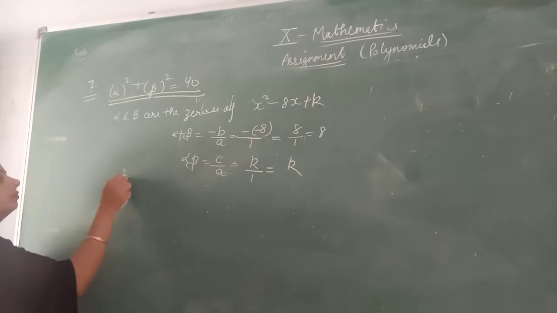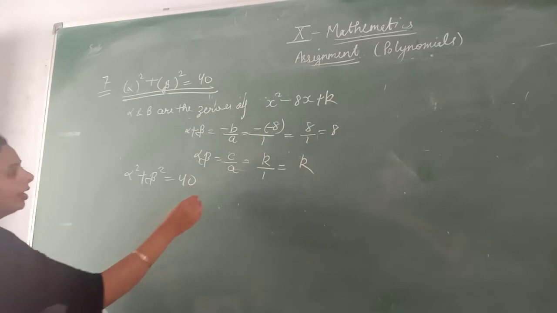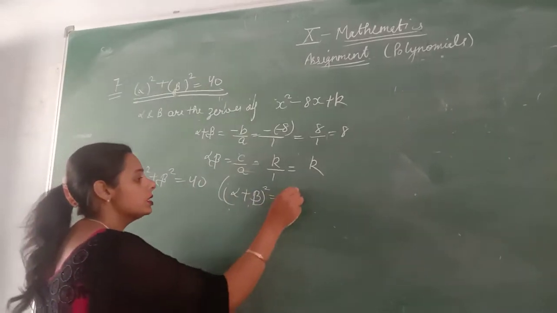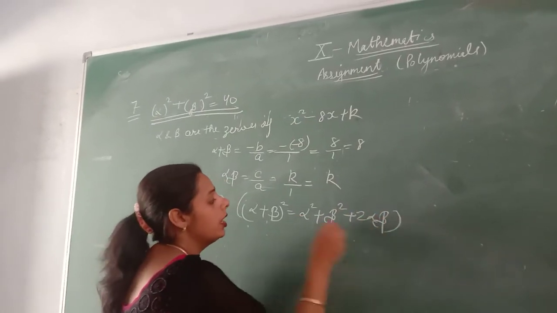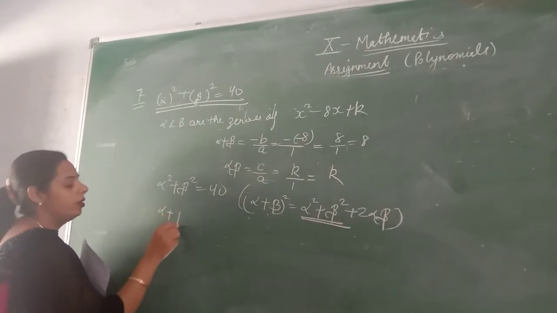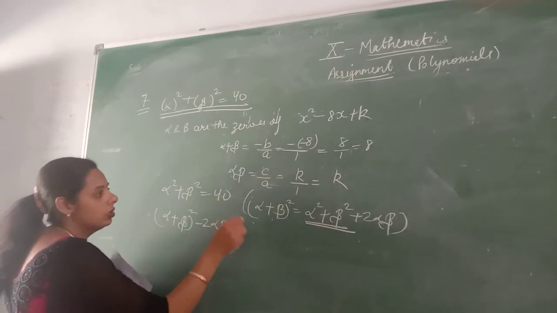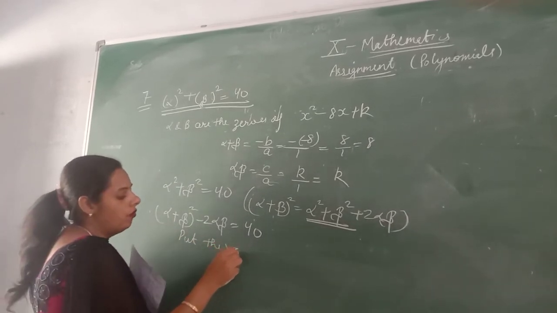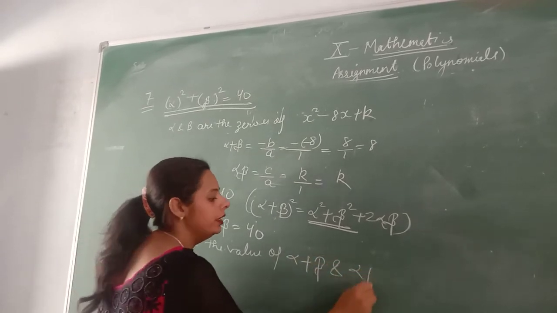How can you find the value of k? By the identity, alpha plus beta whole square is equal to alpha square plus beta square plus 2 alpha beta, you can find alpha square plus beta square, which is equal to alpha plus beta whole square minus 2 alpha beta, and that is equal to 40. Put the values of alpha plus beta and alpha beta.